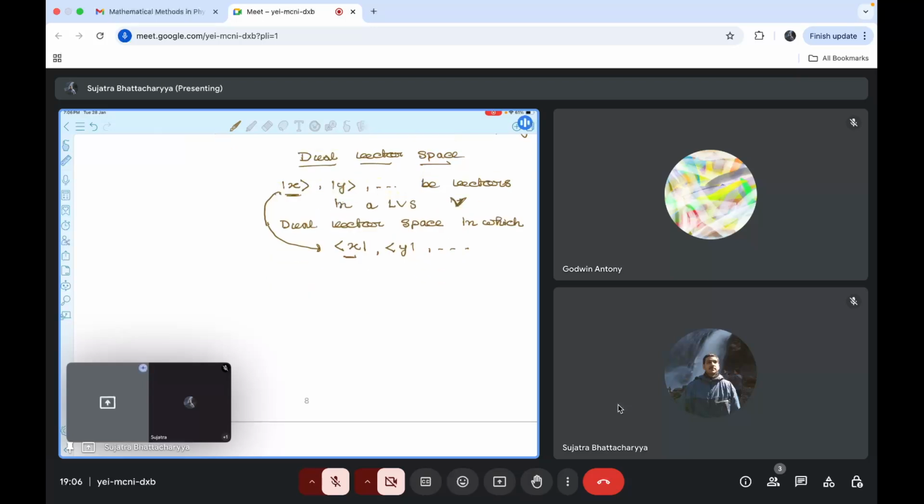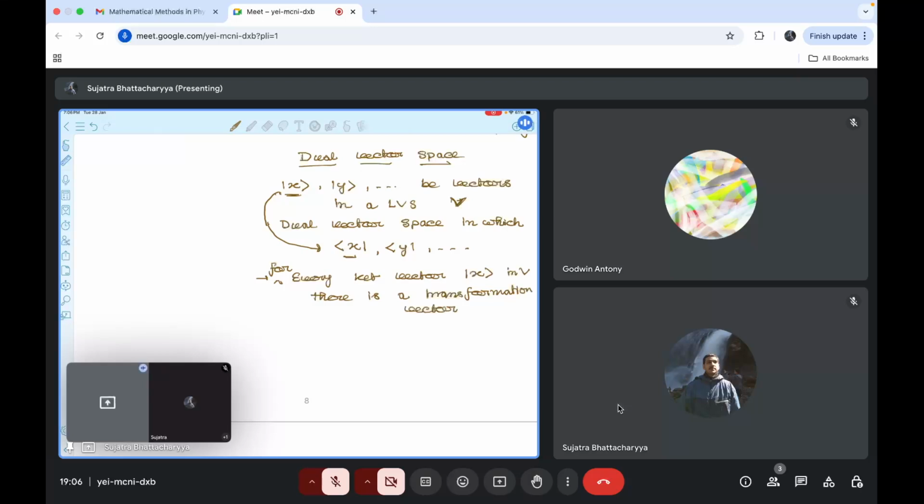So let me write first. The same thing which I have shown, maybe I'm writing it. For every ket vector x in V, there is a transformation vector. You will understand it.